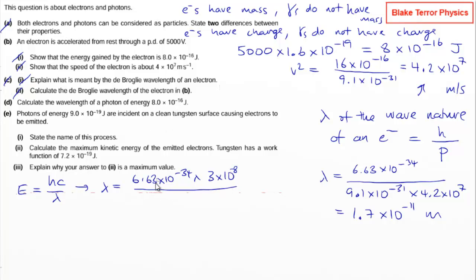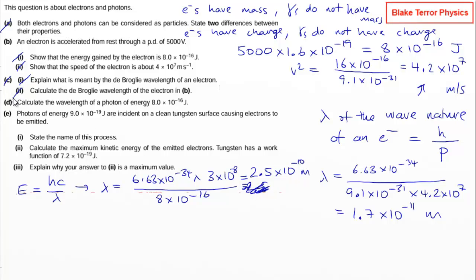Then divide by this energy, this 8 times 10 to the minus 16. That is giving a wavelength of 2.5 times 10 to the minus 10 meters.